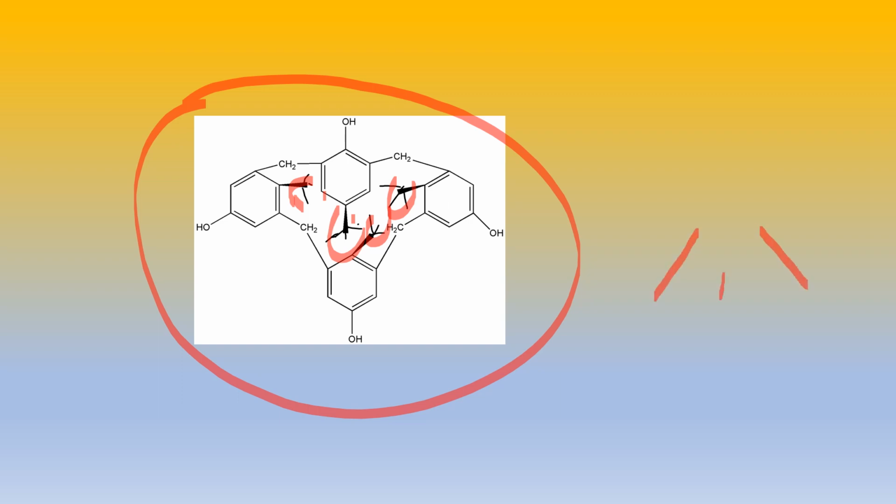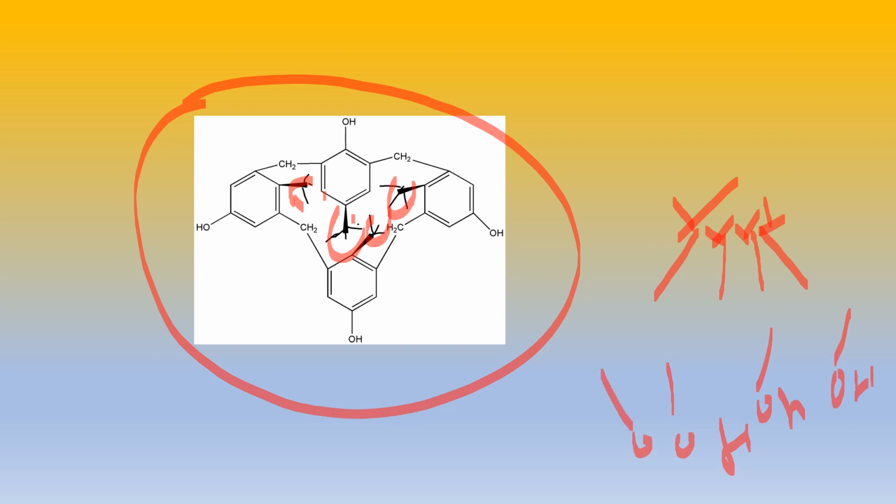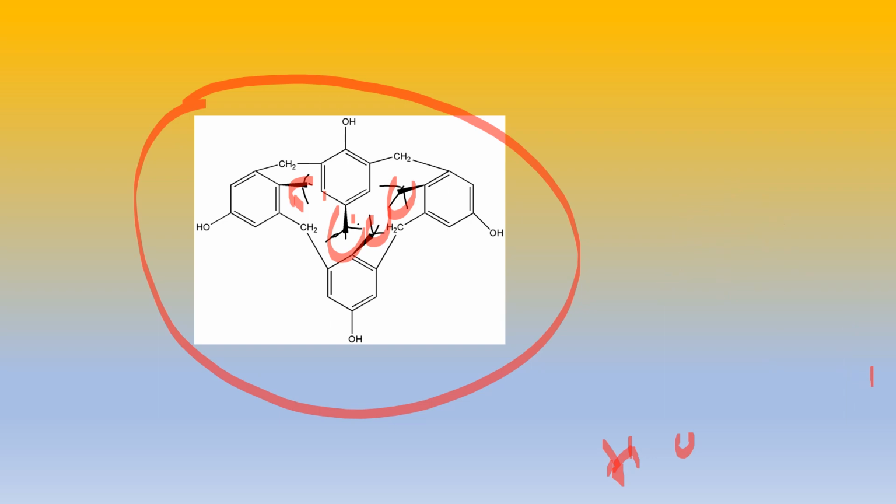The 4 tertiary butyl groups will be oriented upward or downward. If they are oriented upwards, then the OH groups will be oriented downward, and in between the aromatic ring will be there.